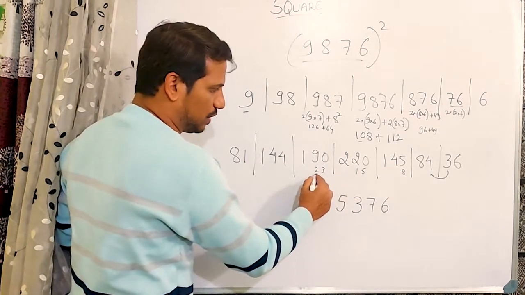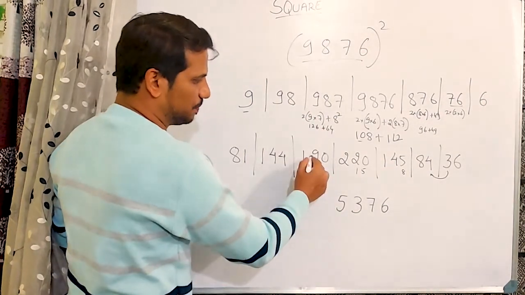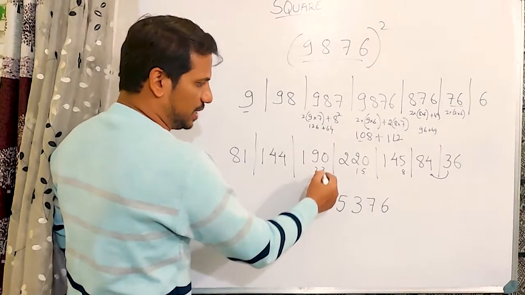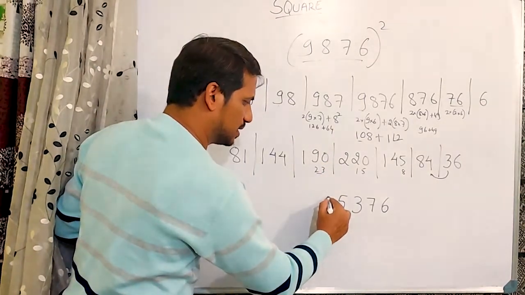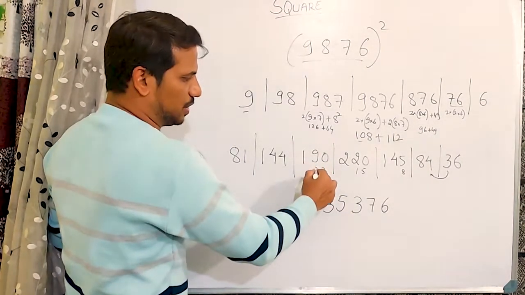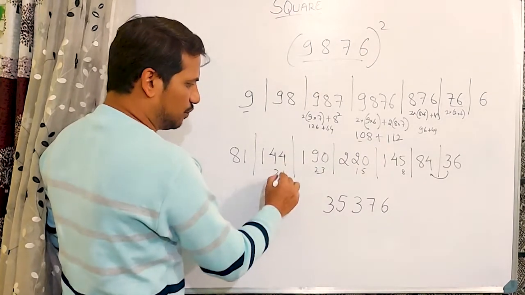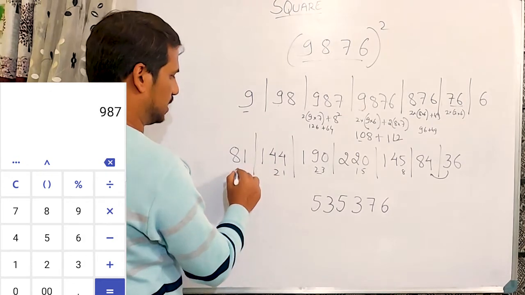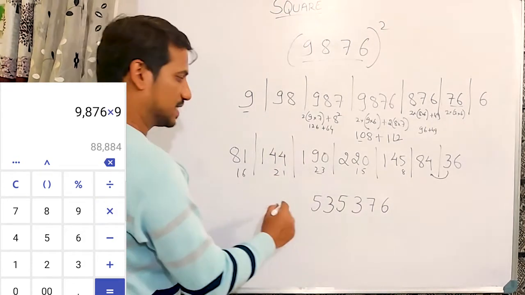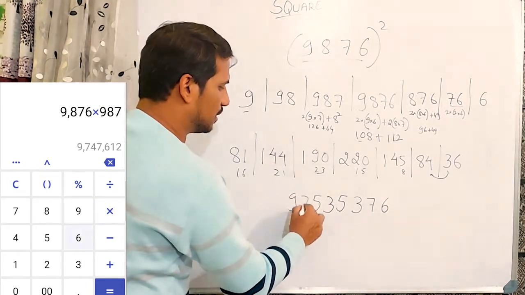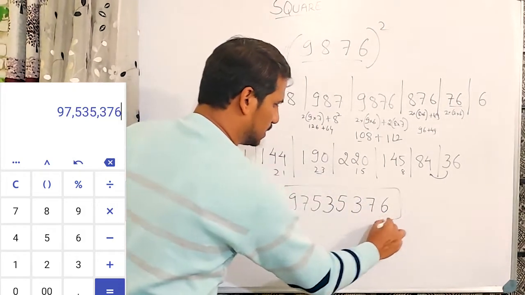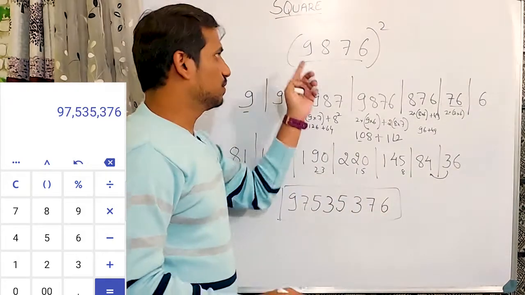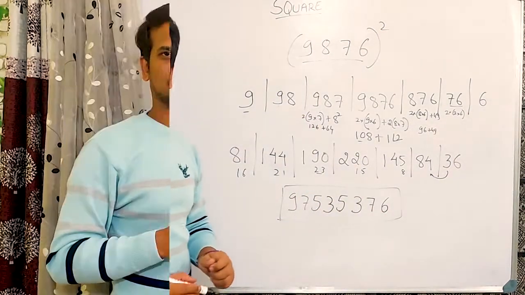Out of 235, 23 here and 5 here. So you can just keep on adding the carry digits. 0 plus 3, that is 3, and 19 plus 2, 21. You can pass it on here. 4 plus 1, keep 5 here. 14 plus 2, 16. Pass it on here. 81 plus 16, 97. So this is the square of 9876.